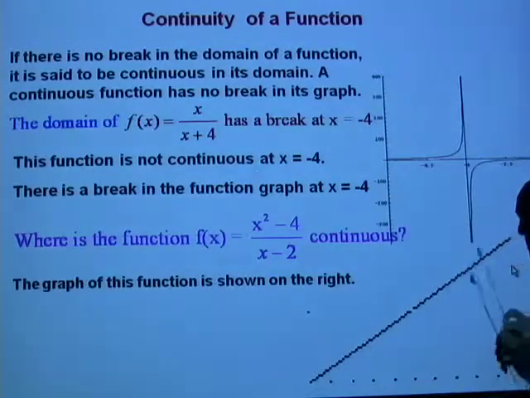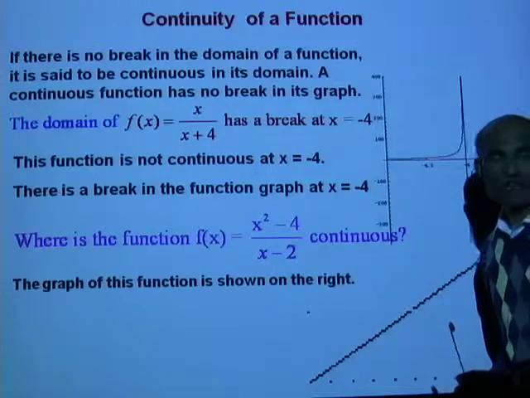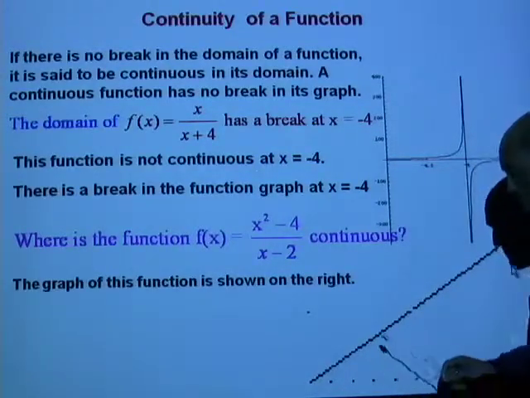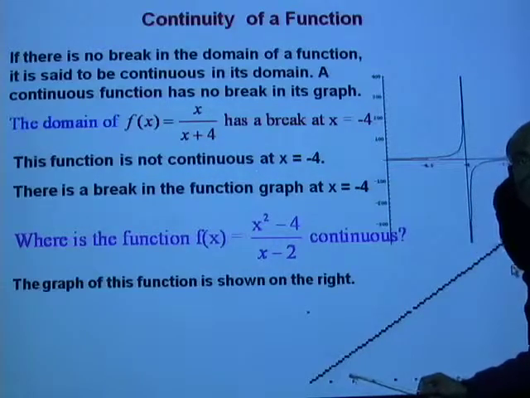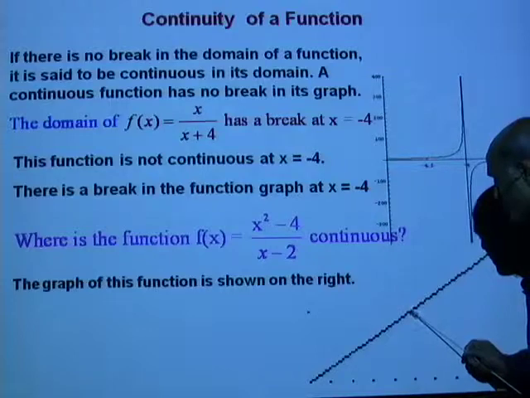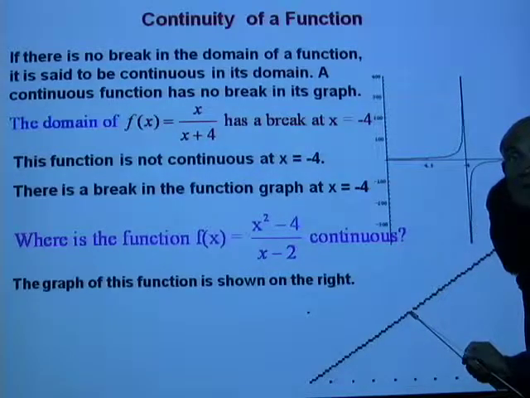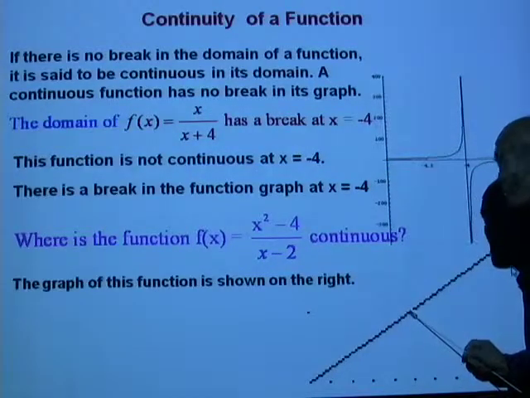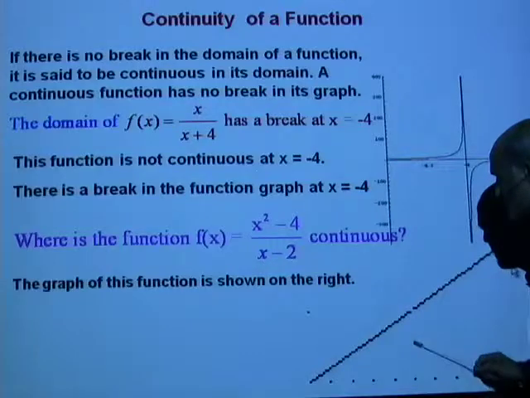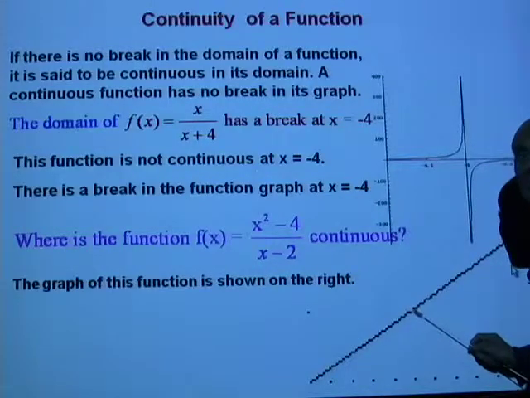Now look at the graph of the function. Can you look at this and tell me if you notice something? As x gets closer and closer to 2, you can see the function comes all the way here. This is very close to 4. Now, there is a hole here, which shows that at x equals 2, you have no output.